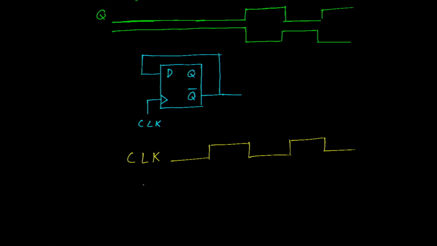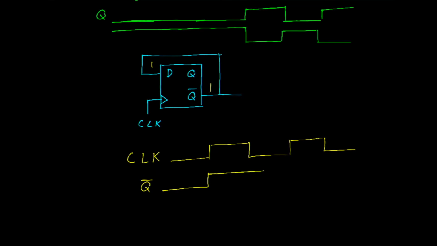And let Q naught start at a value of 0, which will be applied to the D input. On the rising edge of clock, Q naught will take on the opposite value of D, which means that Q naught will go high, which is fed back to D.